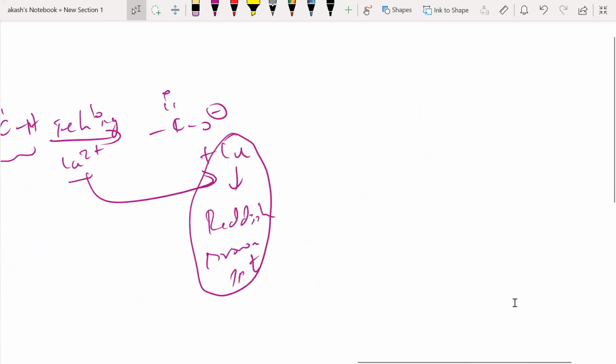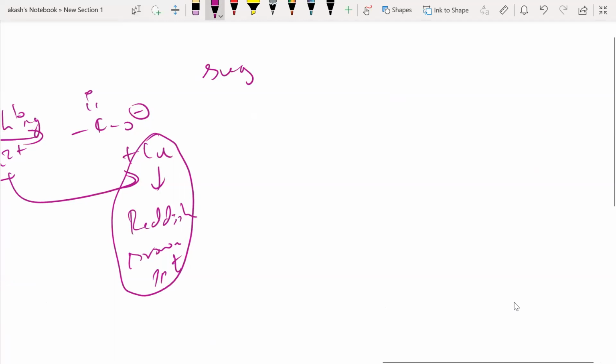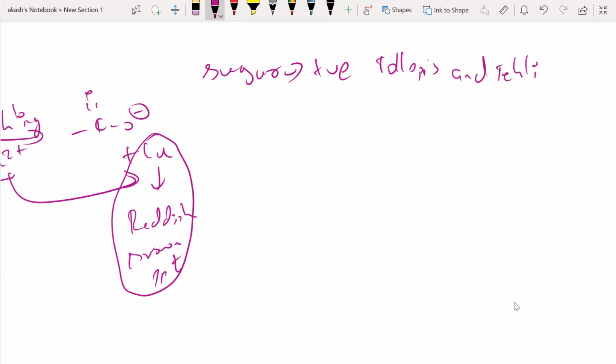So as I told you, any sugar which gives a positive test for Tollens and Fehling's is what is called a reducing sugar, and whichever doesn't give it is obviously called a non-reducing sugar.